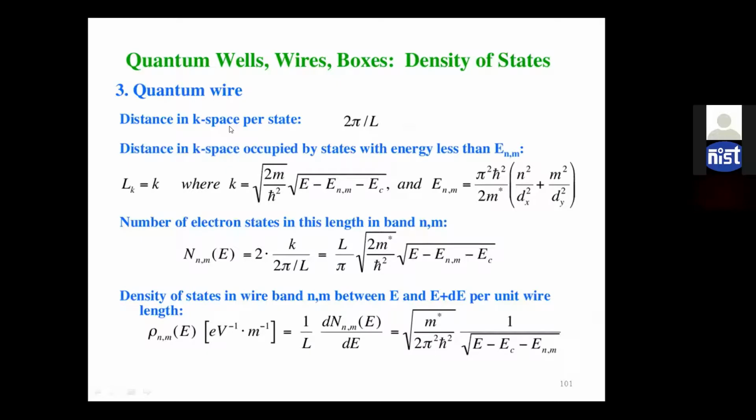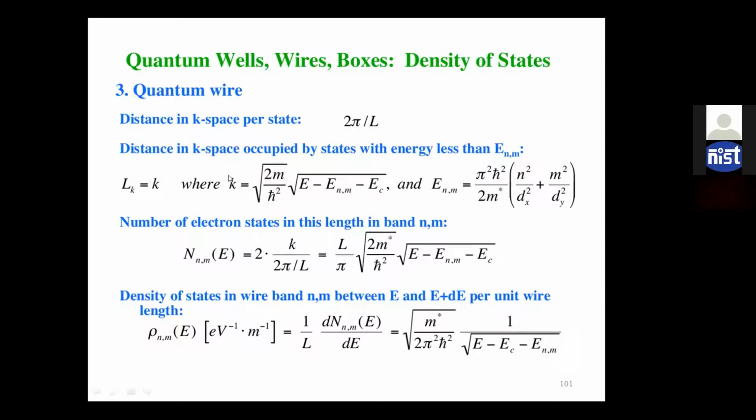So the distance in k-space between states is 2 pi by L. Suppose you take a wire of length L equal to 1 millimeter. Then k will be 2 pi by 10 to the power minus 3, so it becomes 2 into 10 to the power 3 pi per meter.